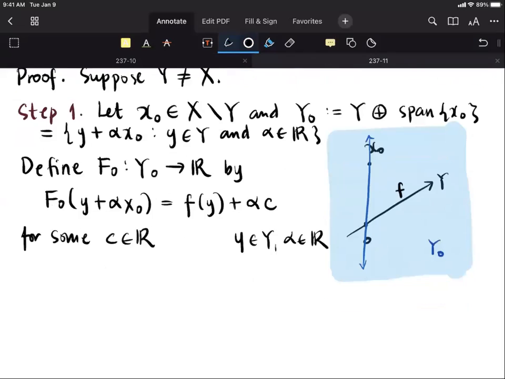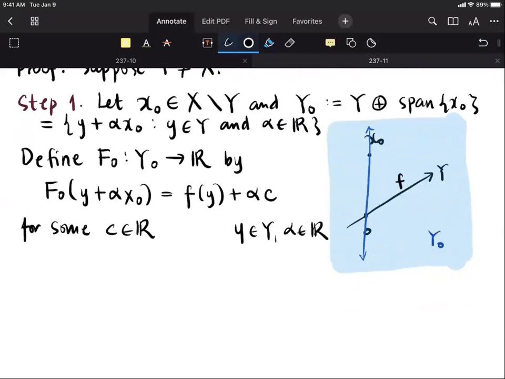Okay, so here we note that f naught is linear.